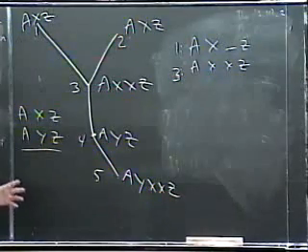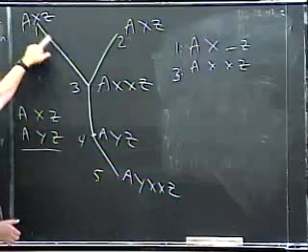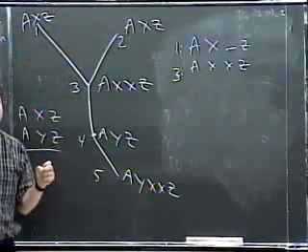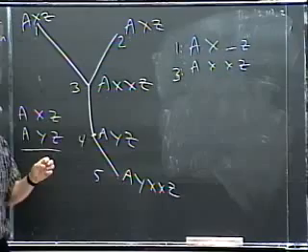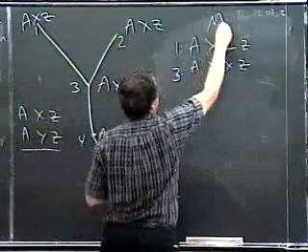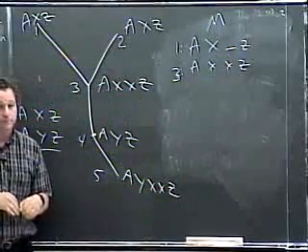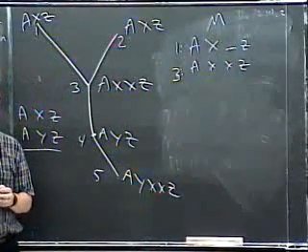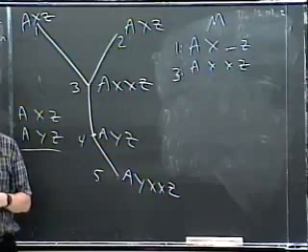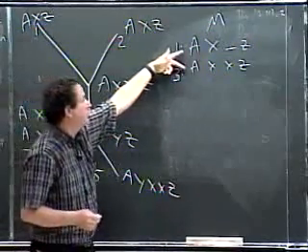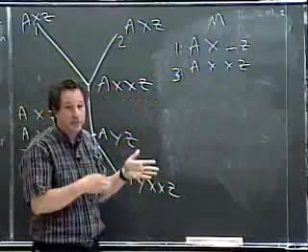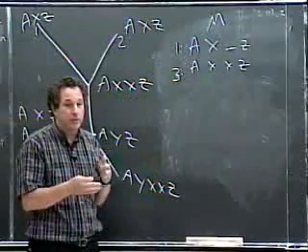Remember what I'm trying to do. I'm trying to get a multiple alignment where for every pair that are neighbors, the induced alignment in the multiple alignment is as good as the best pairwise alignment for them. Now, so far, I've achieved that. I mean, the first two I did explicitly by doing the best pairwise alignment possible.